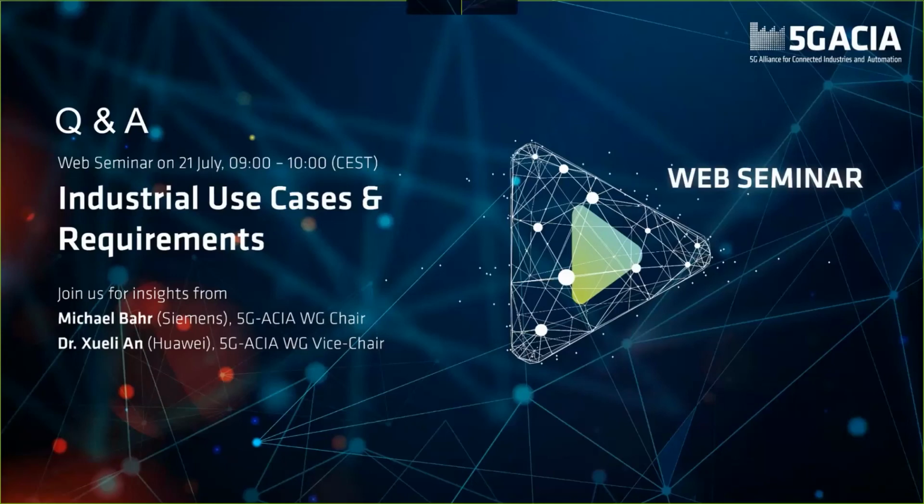And I would say within 5G-ACIA, we have the right partners to work on the topic, because we have quite complete partners from the ICT side, also the OT side. This also included the chip vendors and the device providers and so on.